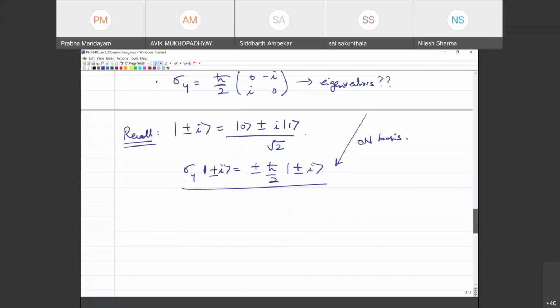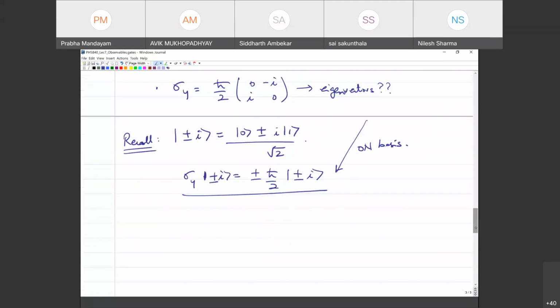So the point is, if I give you a Hermitian matrix M with a set of eigenvectors e_i like this, then the set e_i, someone said they're linearly independent. That is correct. Linearly independent vectors can always be orthogonalized, okay?